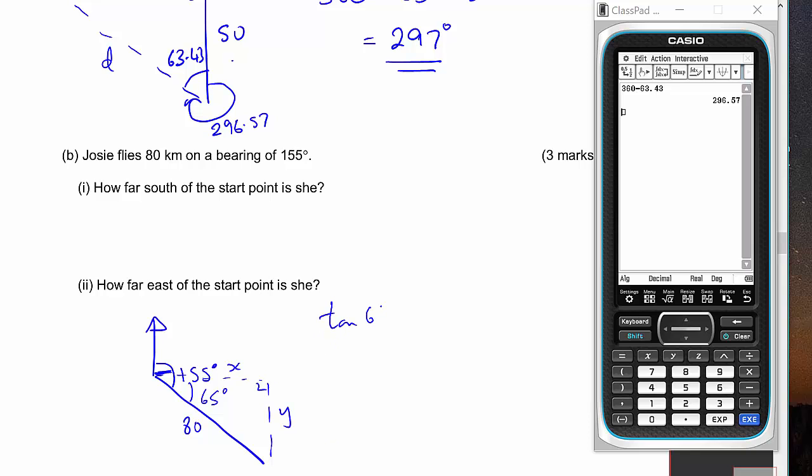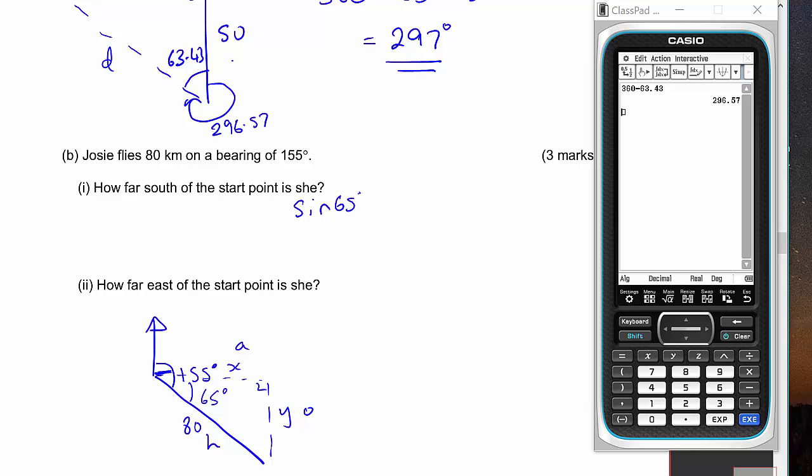So tan 65 degrees. No, it won't be tan, will it? This one is the hypotenuse. This one's the adjacent. So that one's the adjacent, that's the opposite. So when we talk about how far south, we're finding y, so opposite and hypotenuse, so that's going to be the sine.